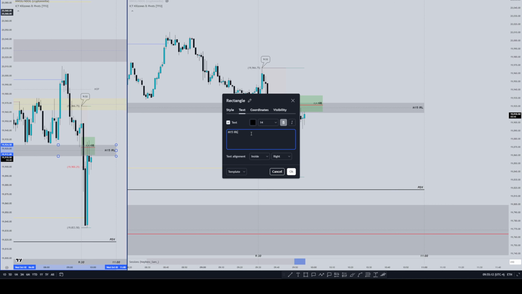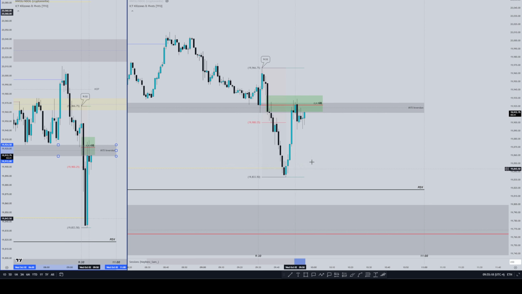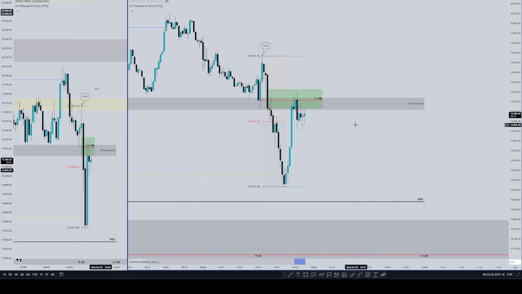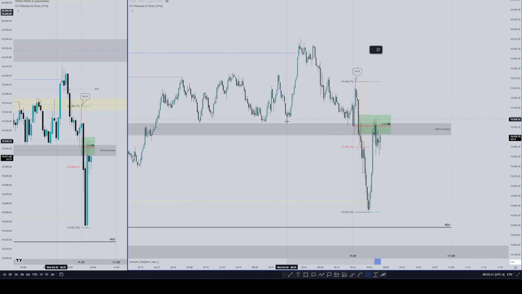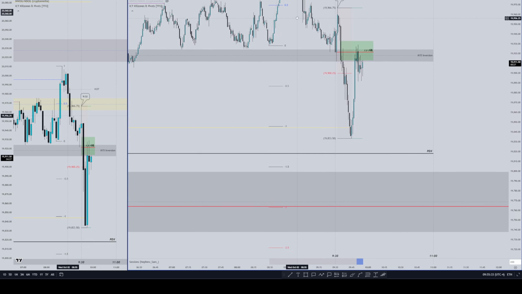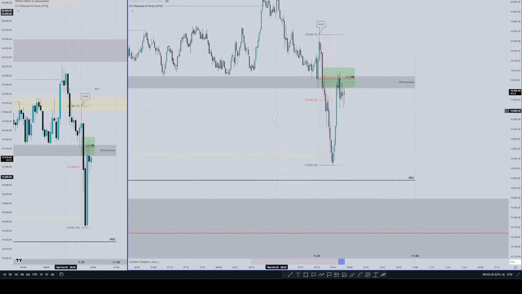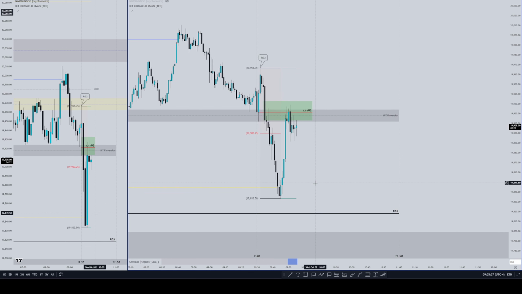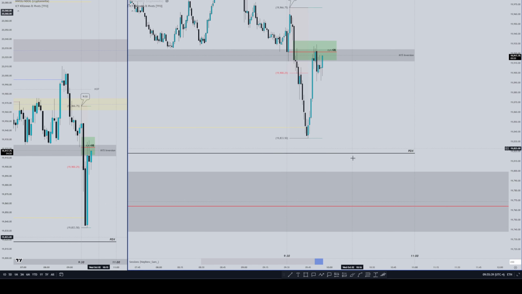This would be an inversion, so M15 inversion. So our fib projections, if we're bearish, still point to around this hourly gap.